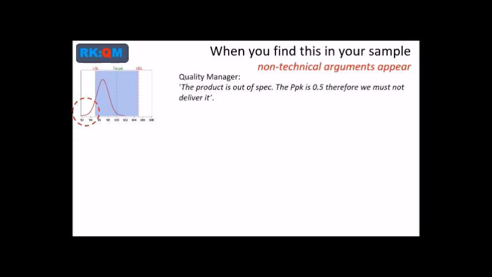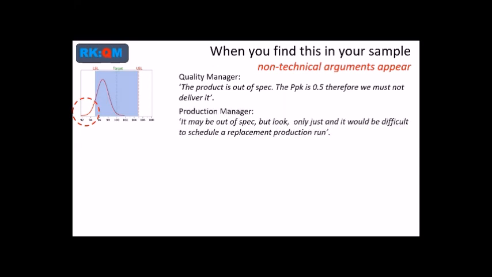Quality manager. The product's out of spec. The PPK is 0.5, therefore we must not deliver it. Production manager. It may be out of spec, but look, only just, and it would be difficult to schedule a replacement production run. Purchasing manager. It'll be another 3 days before we can get new raw material.